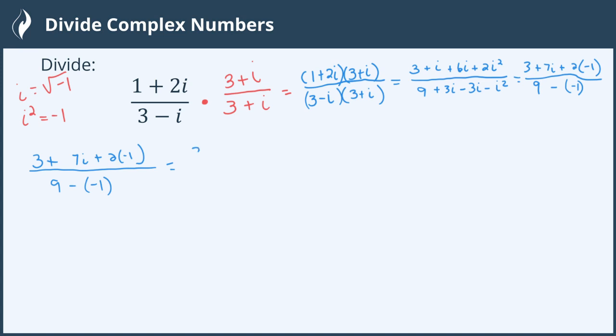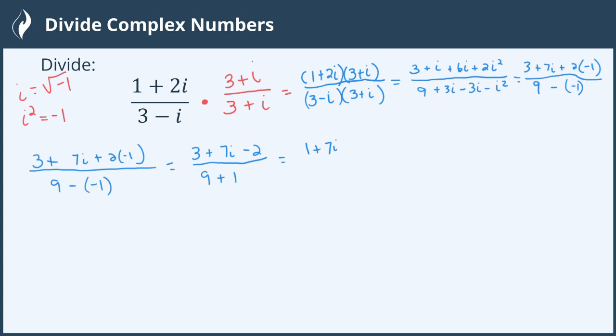We have 3 plus 7i minus 2 over 9 plus 1. Notice our negatives canceled out here, and this becomes a -2 when you multiply it. We combine like terms, 3 and -2, which gives us just a 1, plus the 7i we can't do anything with.